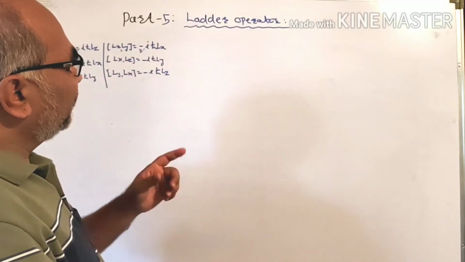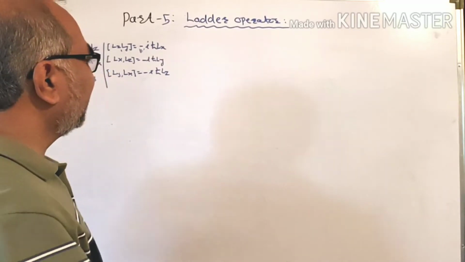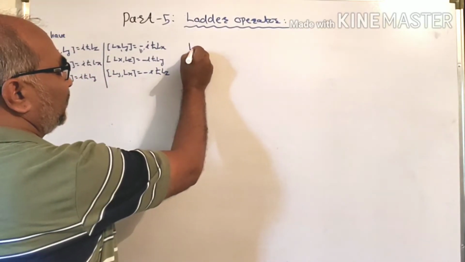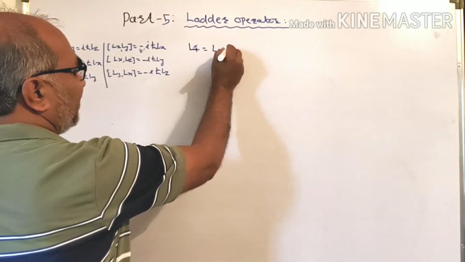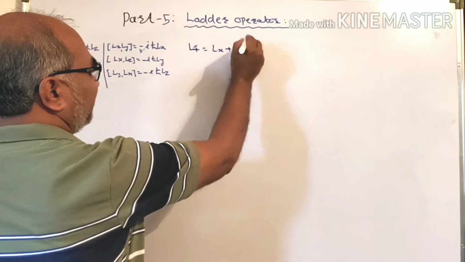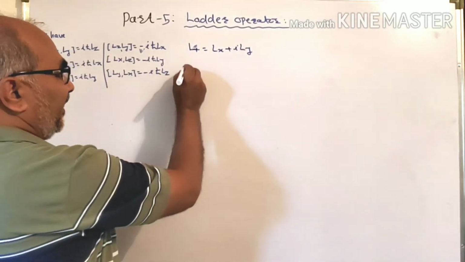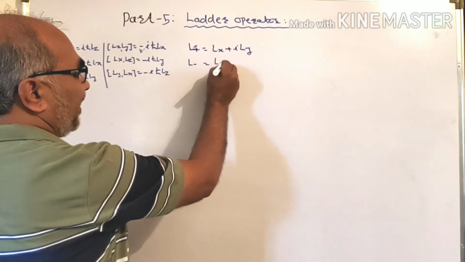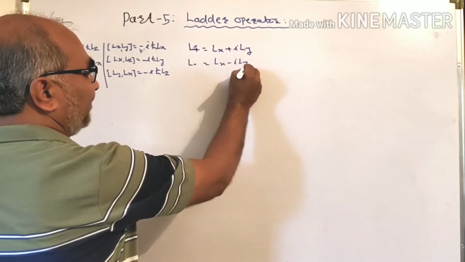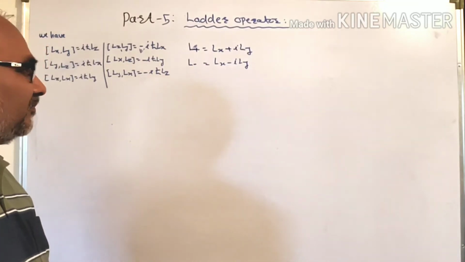Now we have to define the ladder operators. L plus is equal to Lx plus i Ly, and L minus is defined as Lx minus i Ly.